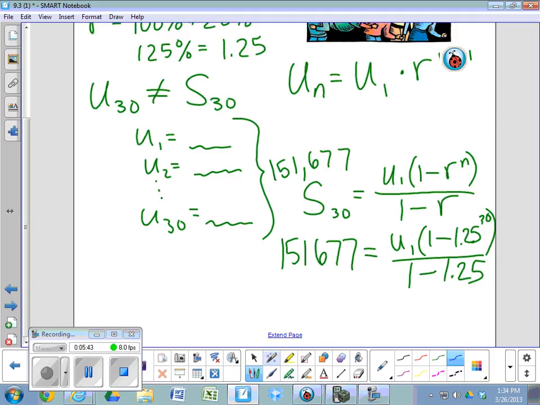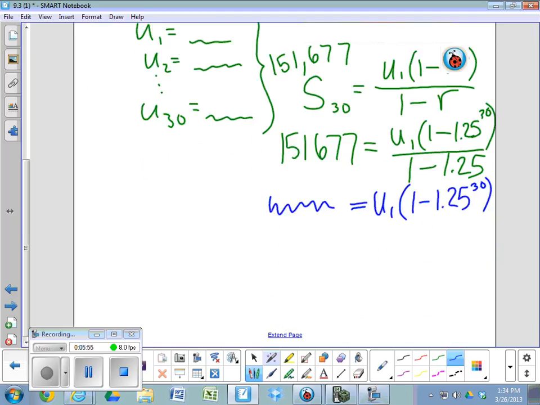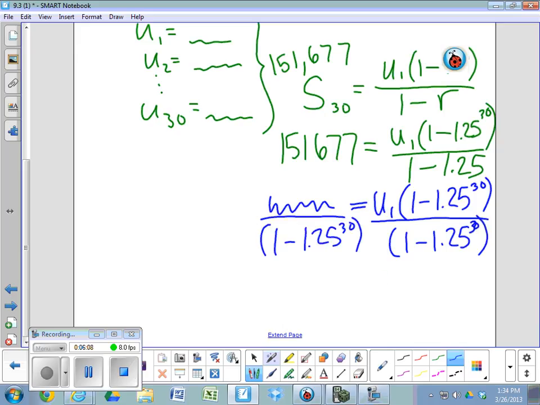You would have U1 times this equals that number. All right? Then you would divide both sides by this. Yes. You divide both sides by this 1 minus 1.25 to the 30th. And you should get the first term, 47. He eats 47 leaves on day 1.